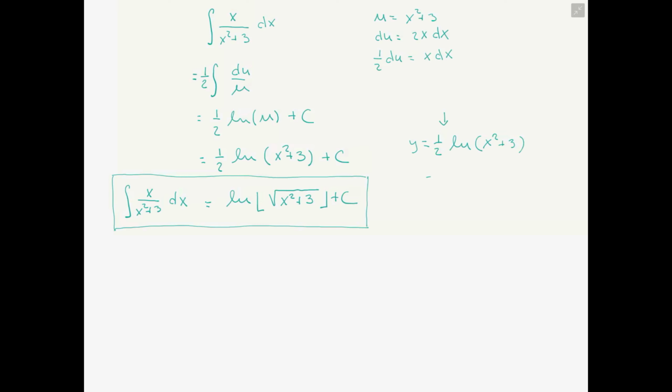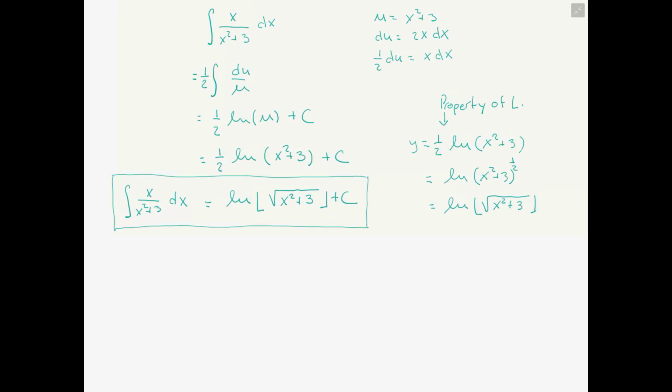Now, in this natural log, we had the 1/2 ln of x squared plus 3. Now, we realize, let's say y equals that, we know that this is really an exponent, so that equals ln of x squared plus 3 to the 1/2 power.